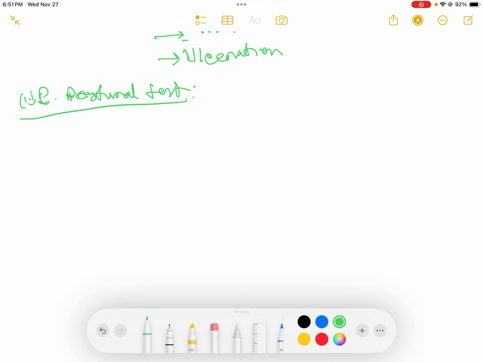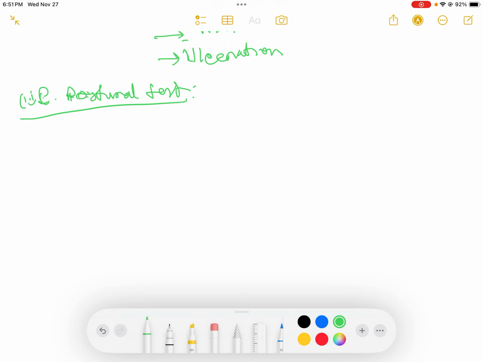The patient lies on his back on the examining table. The patient is asked to raise his legs one after the other, keeping the knee straight.